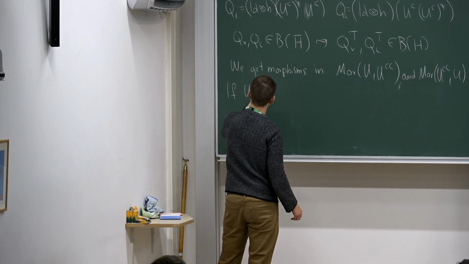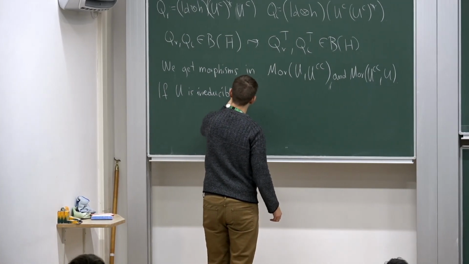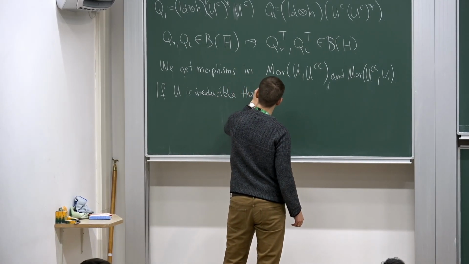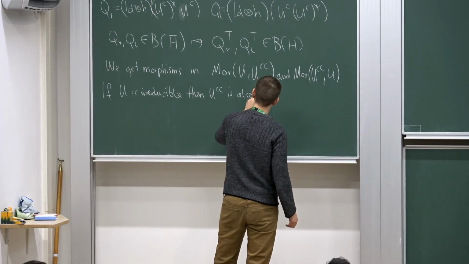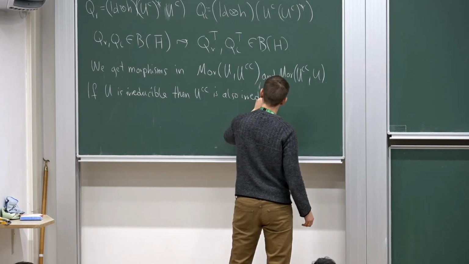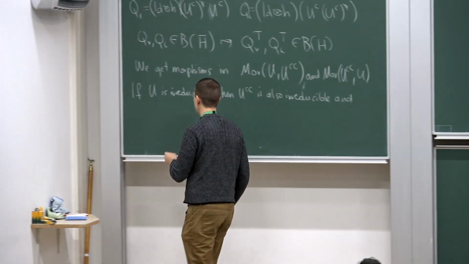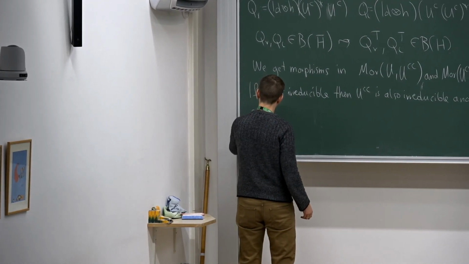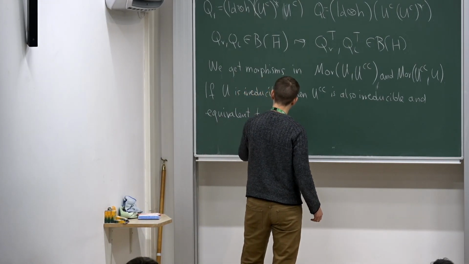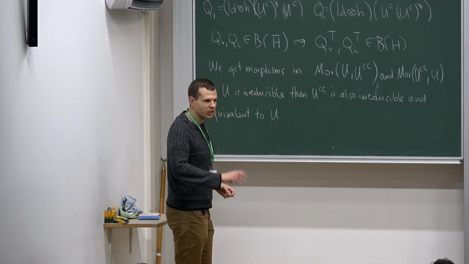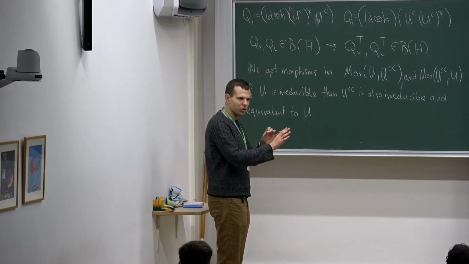And what also happens is that if U is irreducible, then UCC is also irreducible and equivalent to U. But as we mentioned, in general, UCC is not a unitary representation, so this is not a unitary equivalence, right?